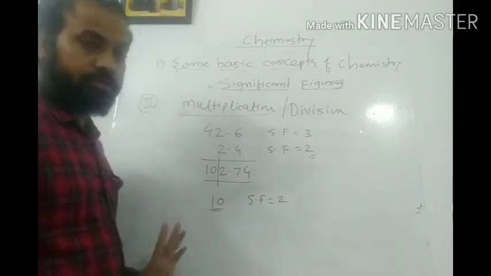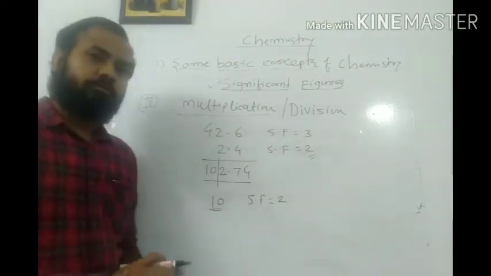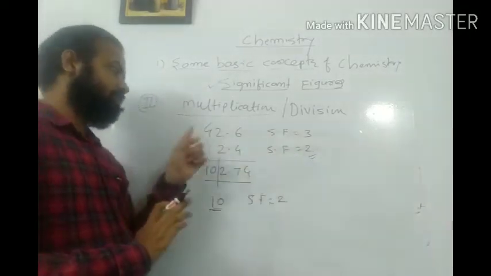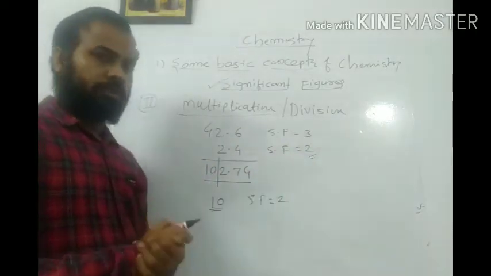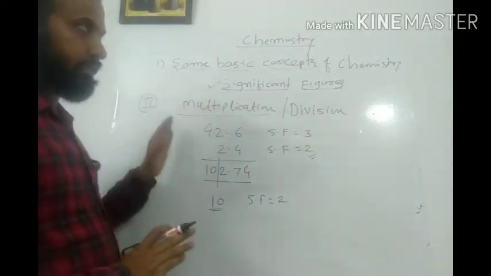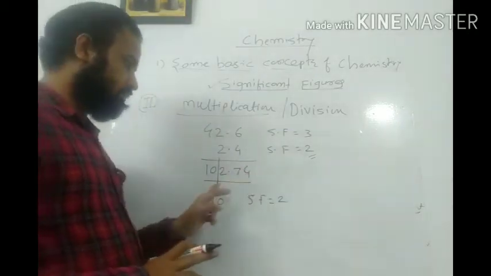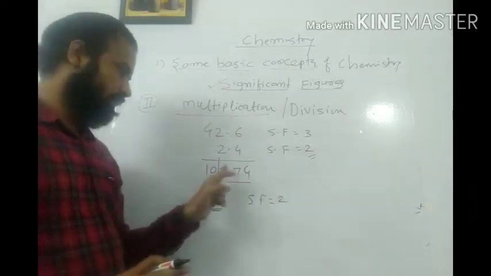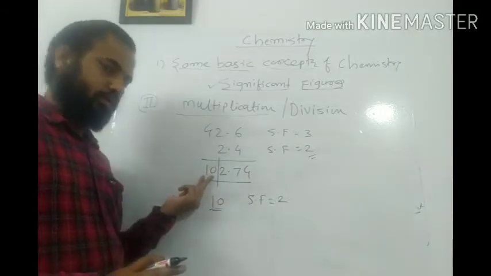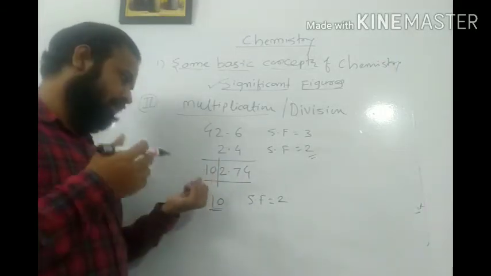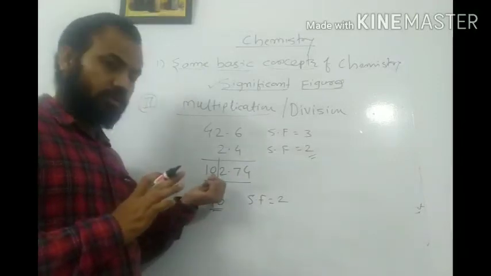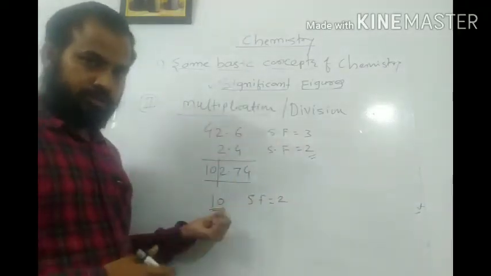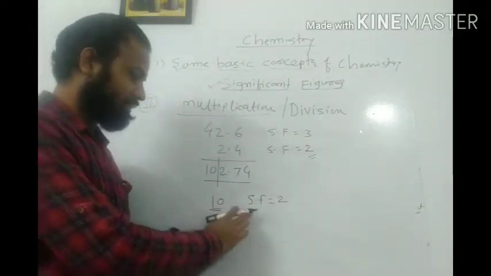So in this way you can perform multiplication or division of significant figures. We write down the significant figures of the given numbers and identify the minimum of them, and do the usual operation, either multiplication or division. Then whatever answer you get, you have to restrict it up to the minimum significant value. So here I restricted my answer to 2 digits, because one digit is 0 and one is non-zero, and considering our rule, 0 after non-zero digits is significant, so I write significant figure as 2.